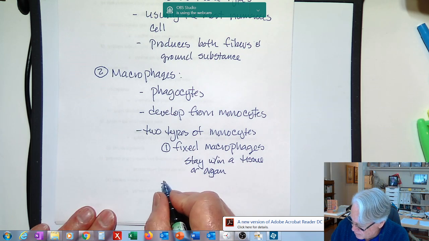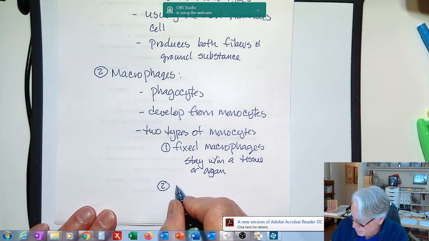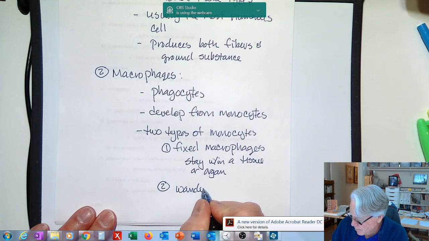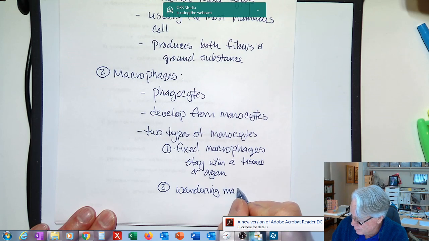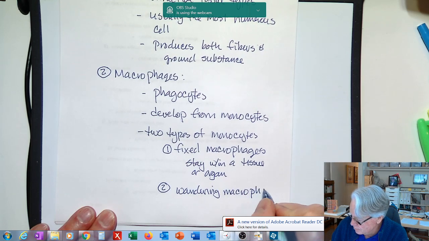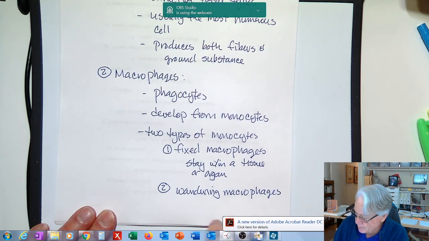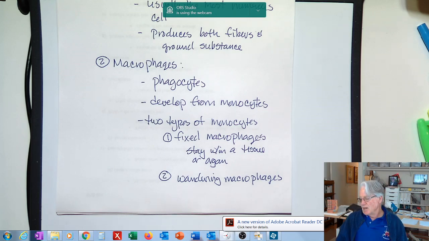The other type are the wandering macrophages. These macrophages leave the bloodstream, go into the tissues, and then come back into the bloodstream.